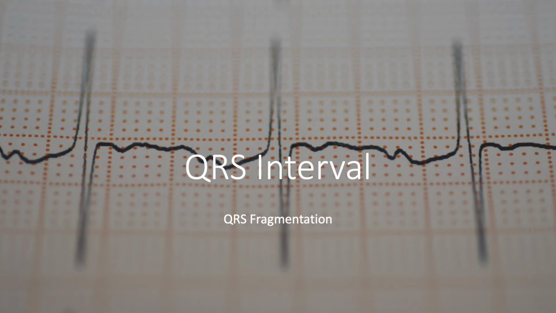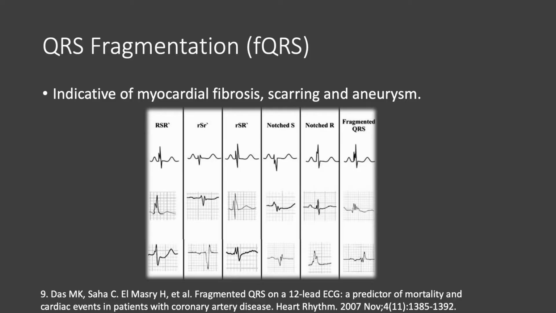We're still focusing on the QRS interval, but now we'll turn our attention to QRS fragmentation. Some prior studies, including cardiac MRI studies, have shown a strong correlation between QRS fragmentation and myocardial fibrosis, scarring, and aneurysm.